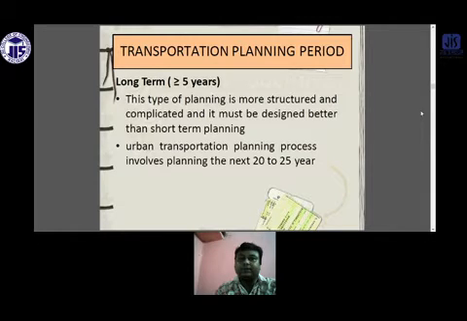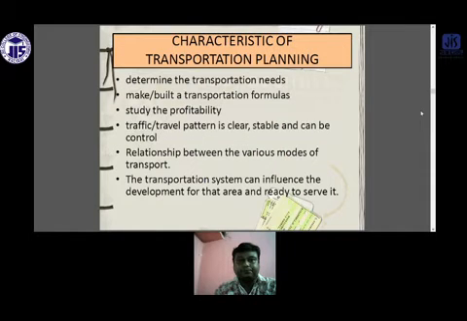Next is transportation planning for more than 5 years, or the long term program. This type of planning is more structured and complicated, and it must be designed better than the short term planning. Urban transportation planning process involves planning for the next 20 to 25 years.